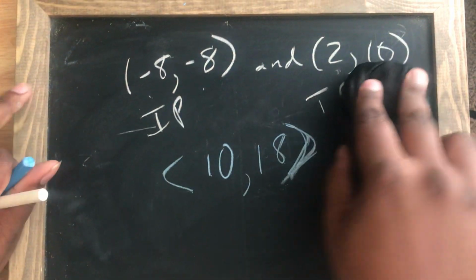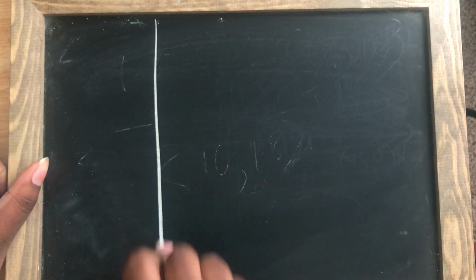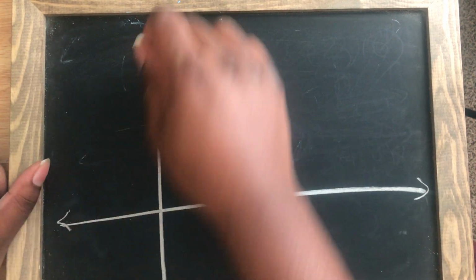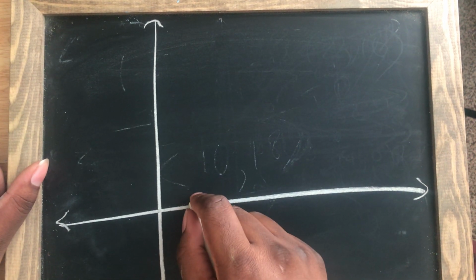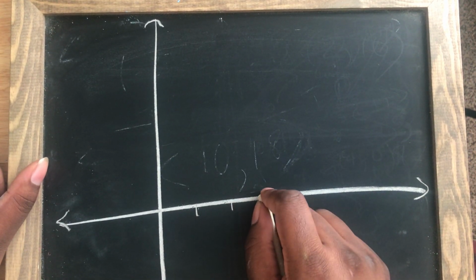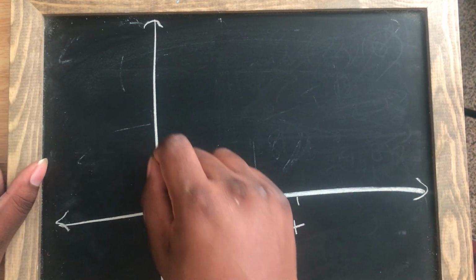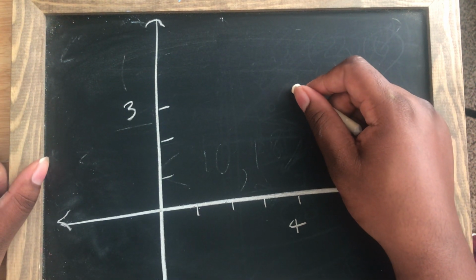Now, we can also add vectors to each other. Same scenario. Let me give myself a little bit more space here. All right, so let's say we have the vector (3, 4).